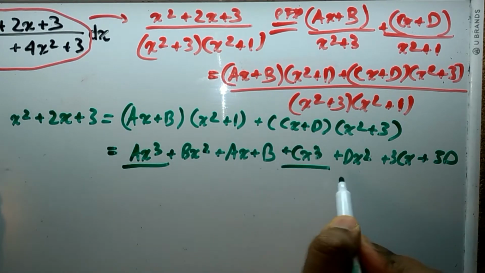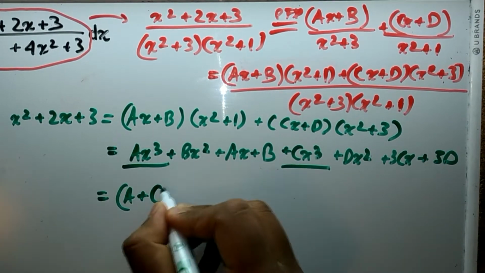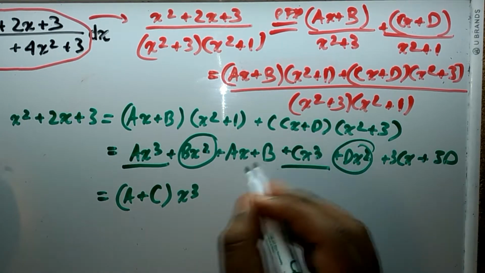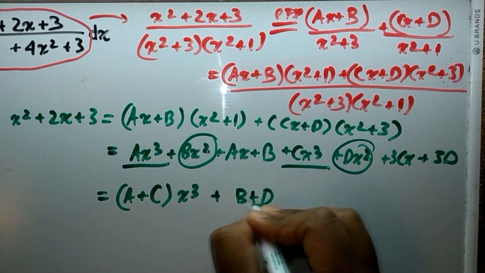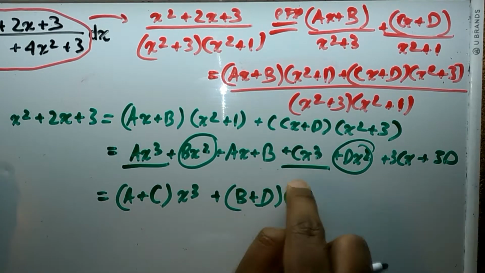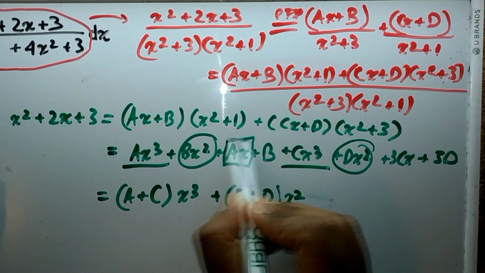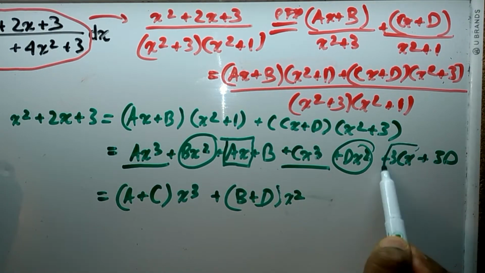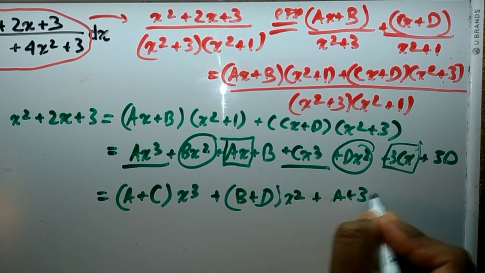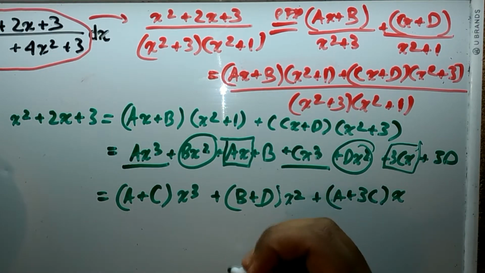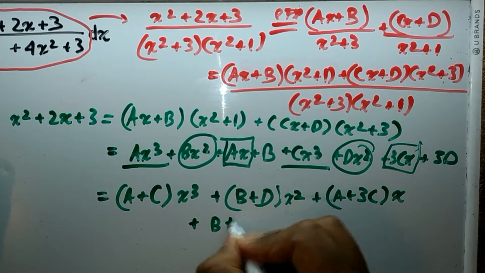Here you can group the x cubed terms together, that's a and c, and then the x squared terms together, which is b and d, and then the x terms, which is a and 3c, so it's (a plus 3c) times x.